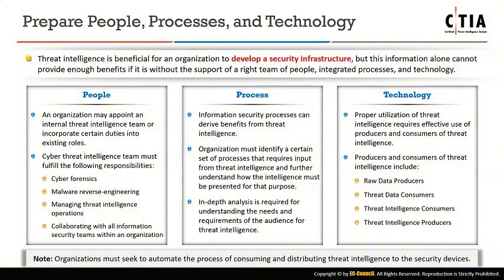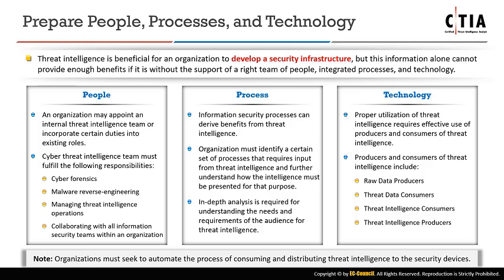These include the raw data producers. These are people who are just dumping out the raw data. The raw data, as we've seen, is potentially useless for many people. We need people to turn that raw data eventually into intelligence. Then we have the threat data consumers. They're taking threat data, this is raw data that has been categorized by threat, and using that data to produce threat intelligence.